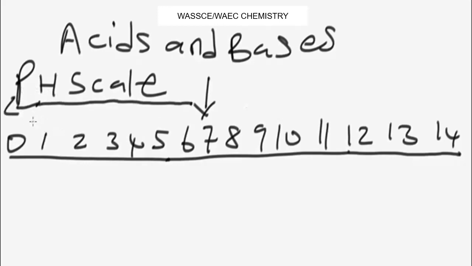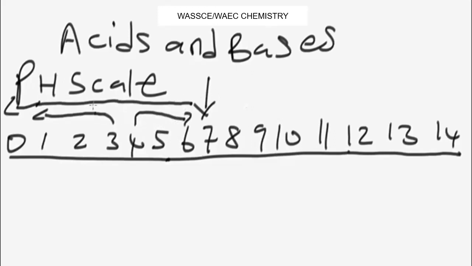Now note that a solution with a pH of, let's say, 3 and below is said to be a very strong acidic solution, whereas a solution of, let's say, 4 to 6 is said to be a weak acidic solution.